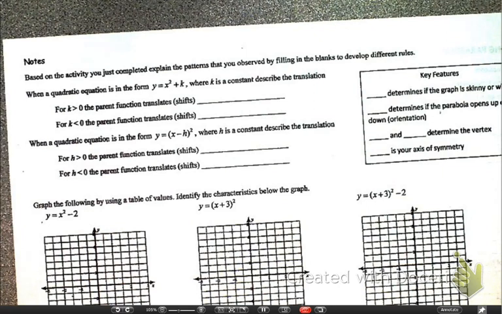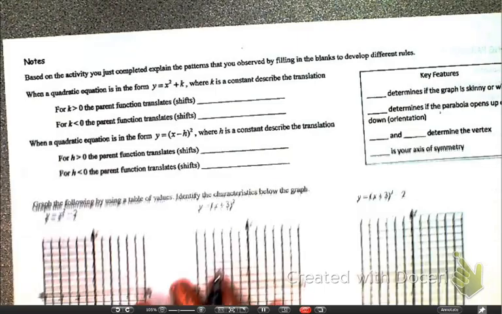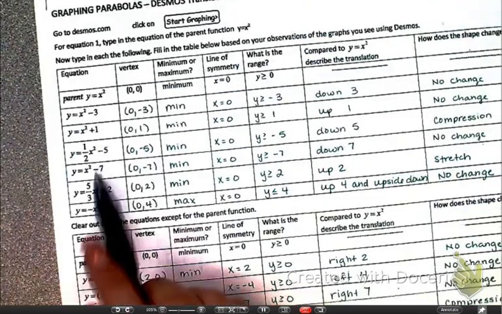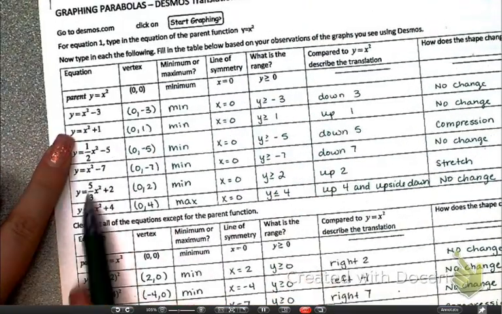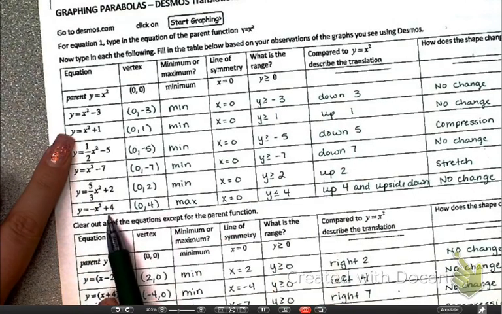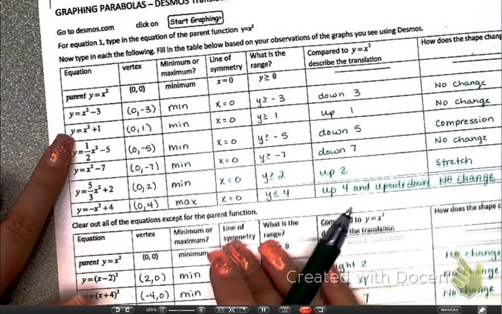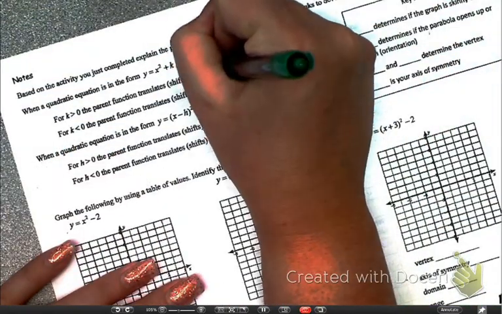Up, right? So if it was plus 3, plus 5, they all shifted up in that top section. Do you see that? So plus 1, it shifted up. Plus 2, it shifted up. Plus 4, it shifted up. Okay, so if k is greater than 0, you're going to have a shift up.